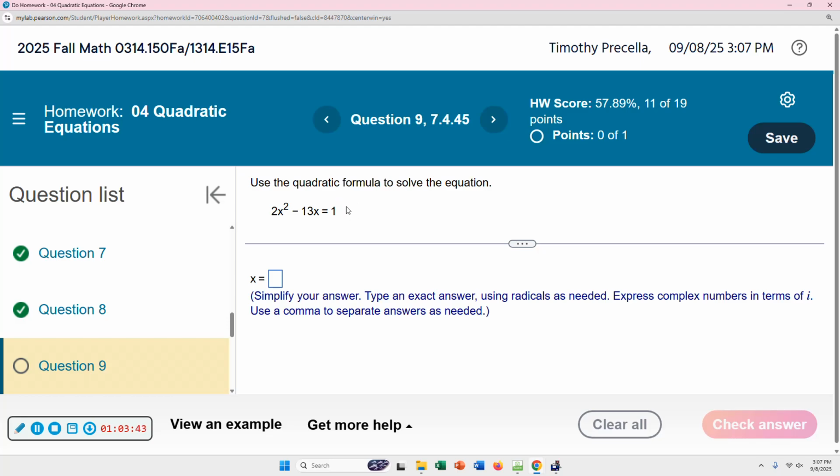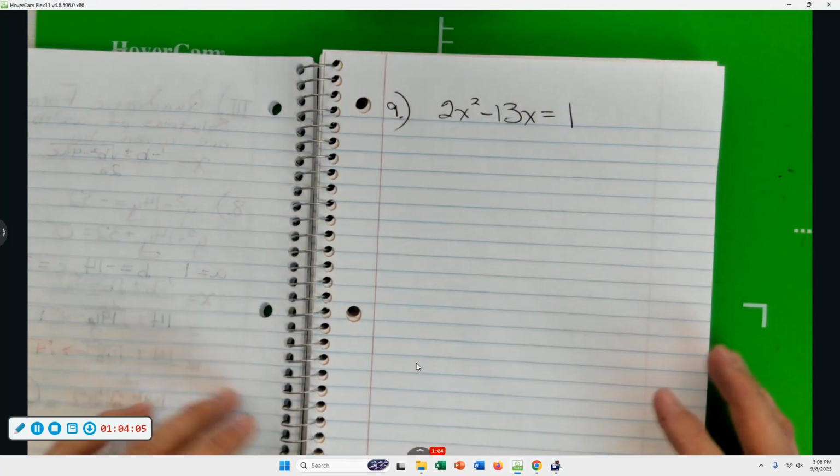2x squared minus 13x equals 1. Now, if these quadratic equations were factorable and you factored it, you'd get the same answer. But if the instructions say use the quadratic formula, they're sort of telling you don't waste your time trying to factor it. So I think that's pretty nice of the Pearson programmers to do that.